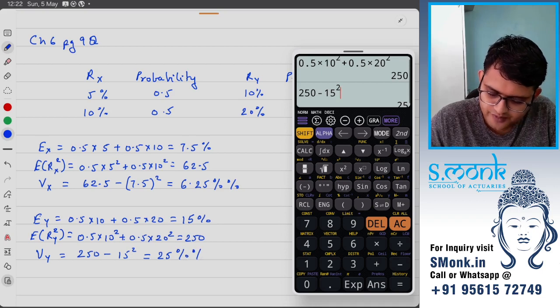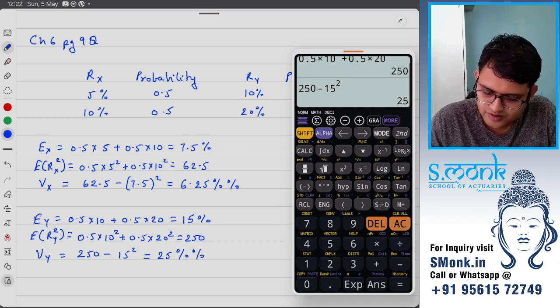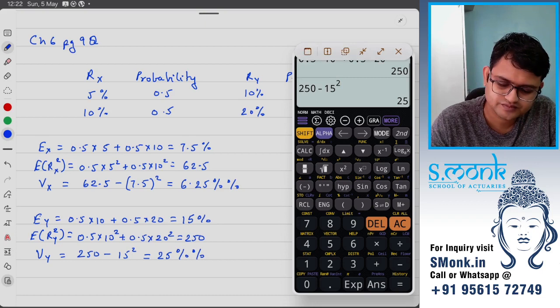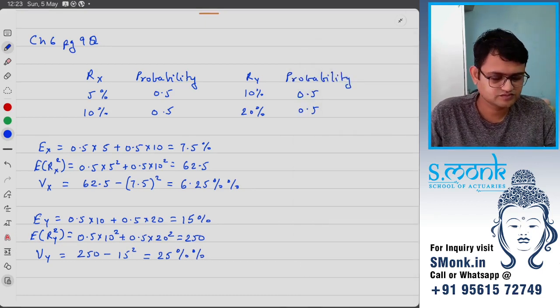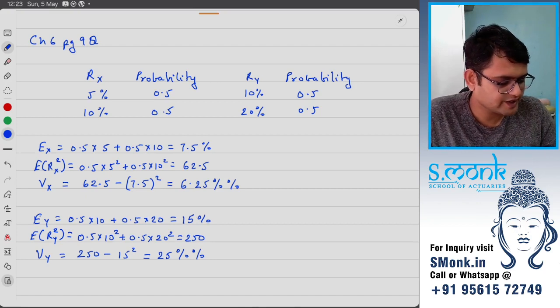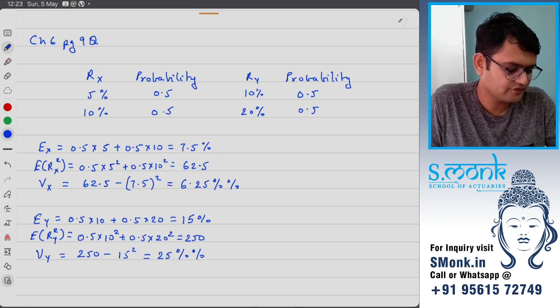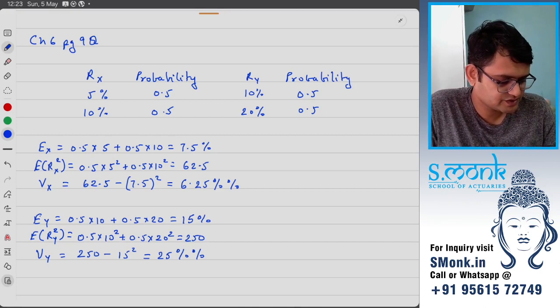So 25%. So this is the expected value and the variance for each of these securities.